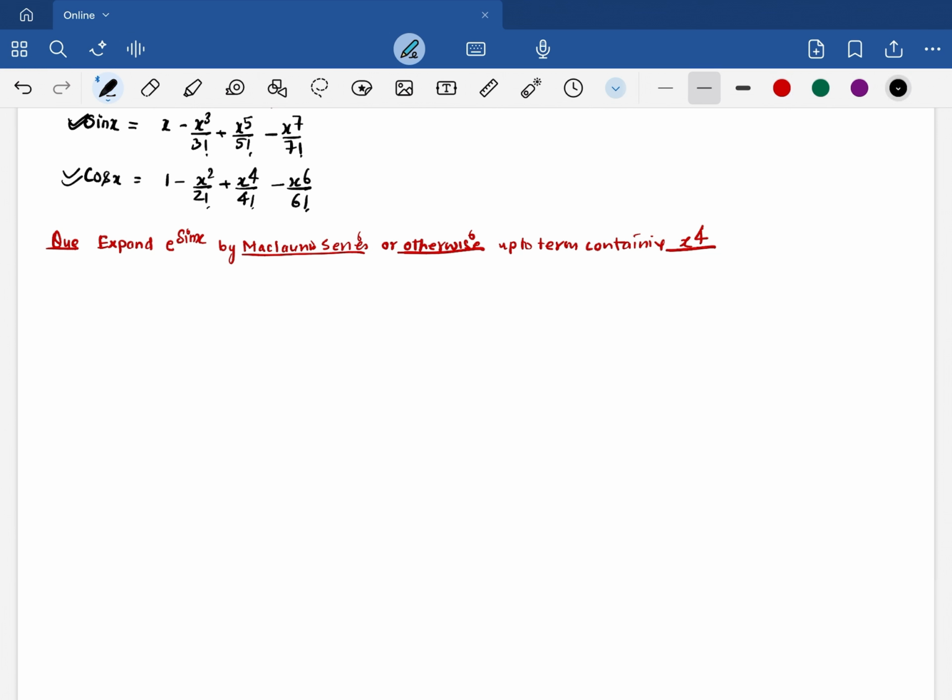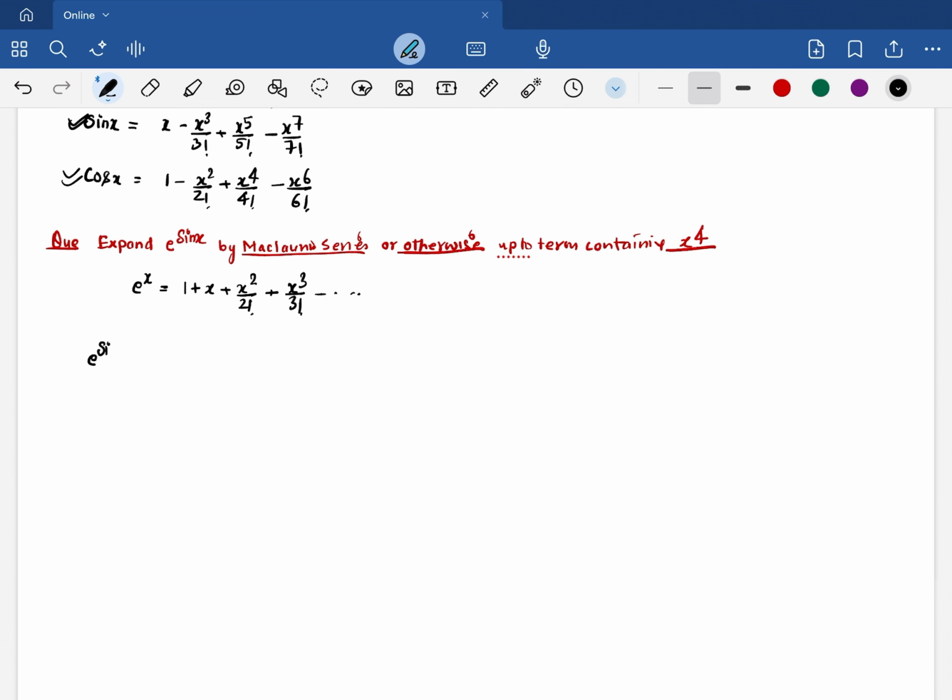So how do we solve this? We know the expansion of e to the power x is 1 plus x plus x square upon 2 factorial plus x cube upon 3 factorial and so on. Remember to consider up to x cube because it has been mentioned x to the power 4 here.